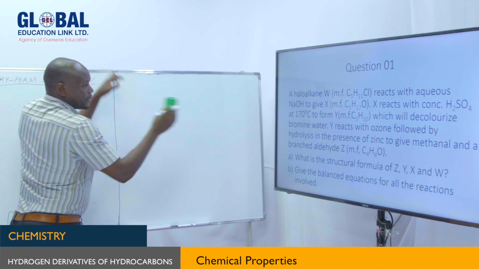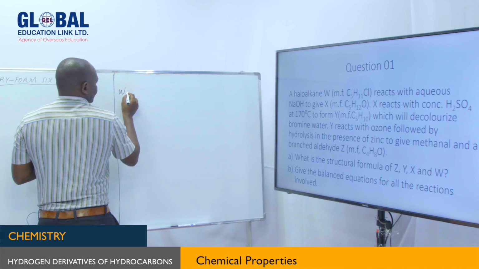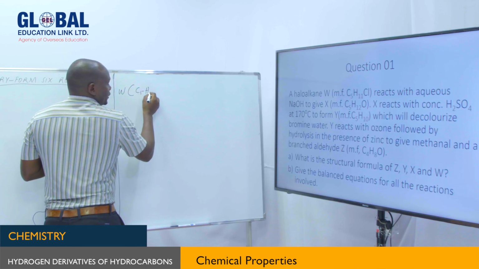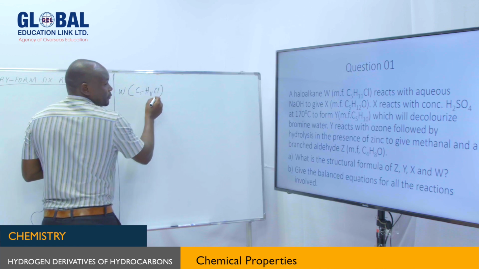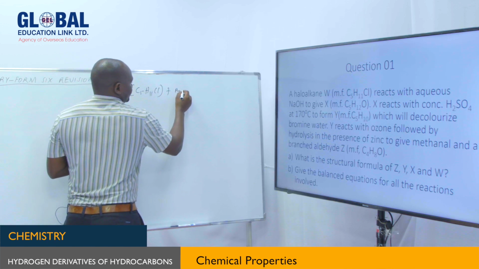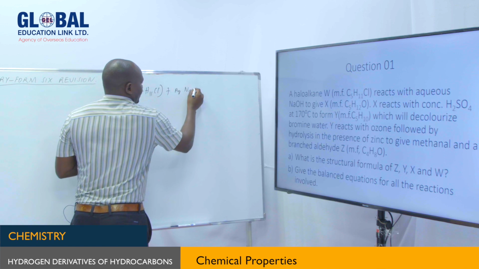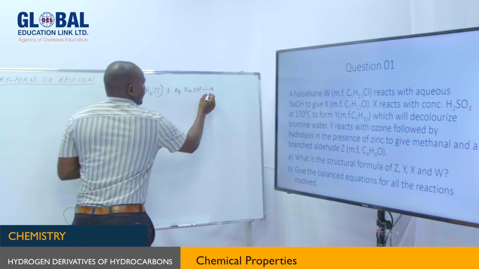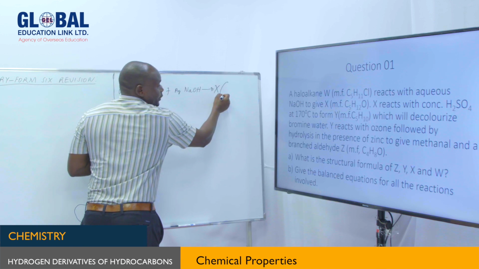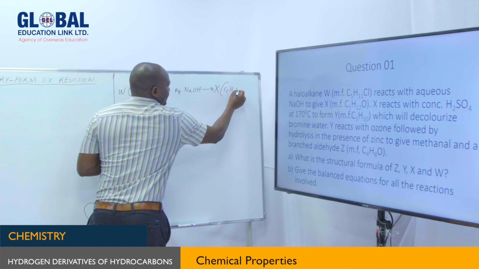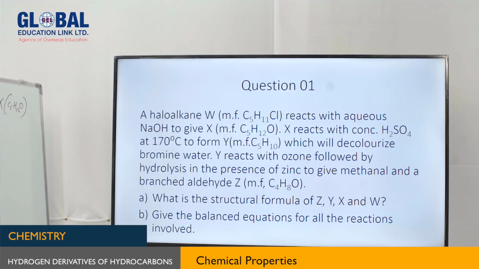By considering now the reactions, we have W, which has the molecular formula C5H11Cl. This one reacts with aqueous sodium hydroxide. Then the product formed is X. X has the molecular formula C5H12O.